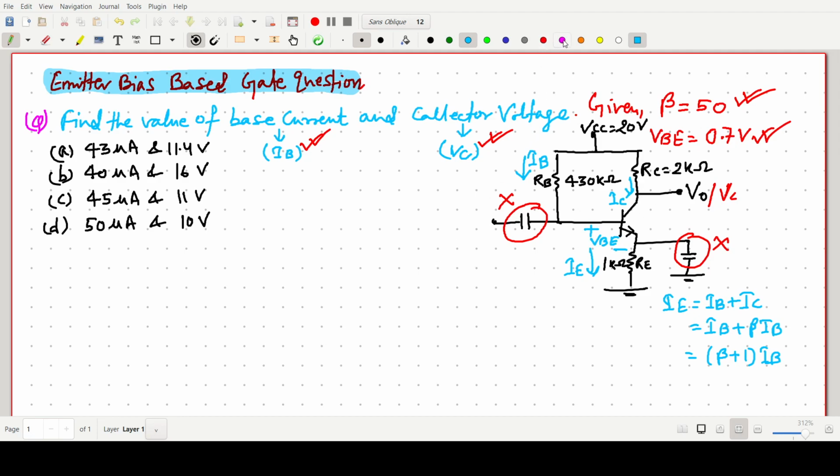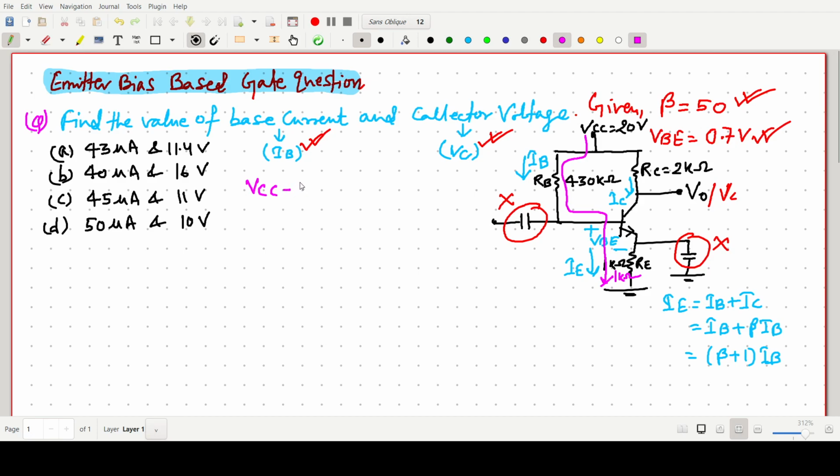Now we apply Kirchhoff's voltage law in this section. The resistance is 1 kilo ohm. So what can we write?